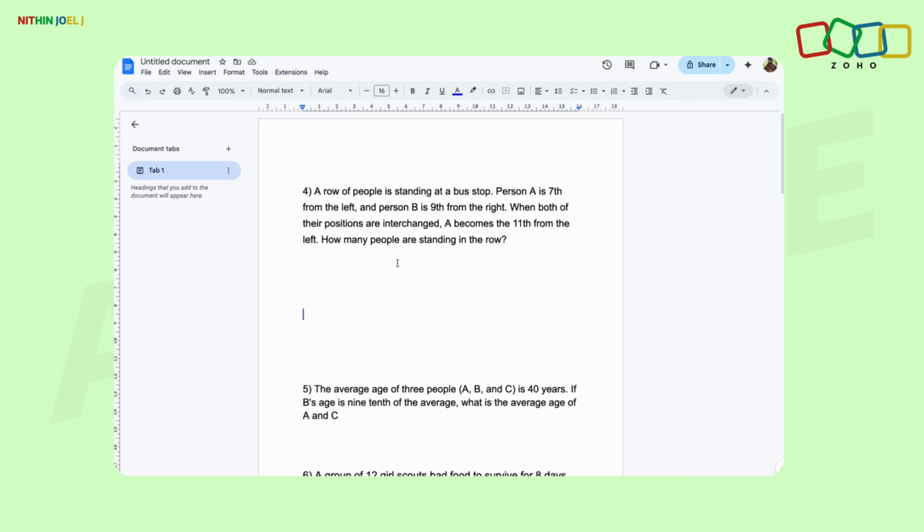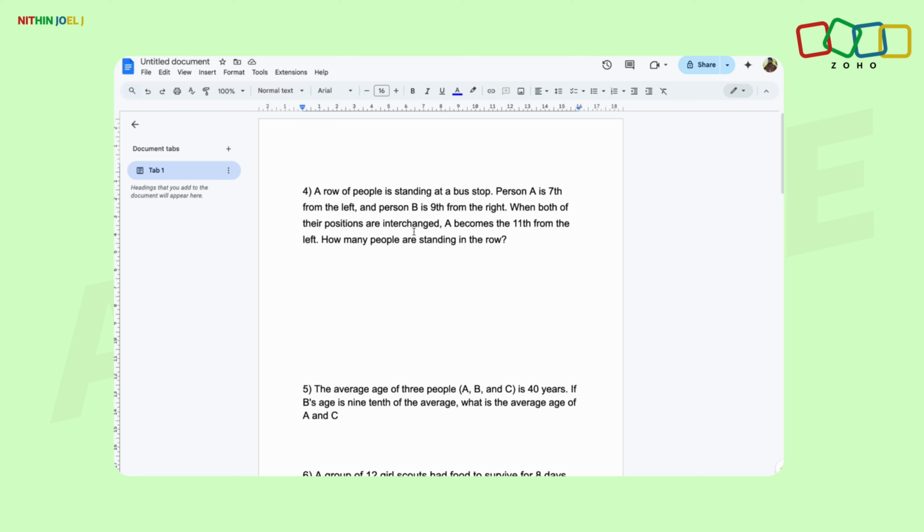So when both of their positions are interchanged, now A is standing in B's position and B is standing in A's position. So now A becomes the 11th from left. So now A is in the 11th position when seen from the left side.